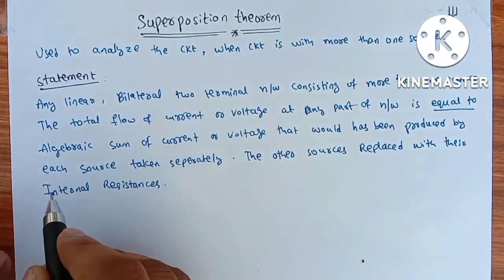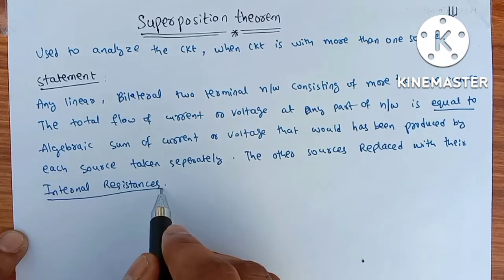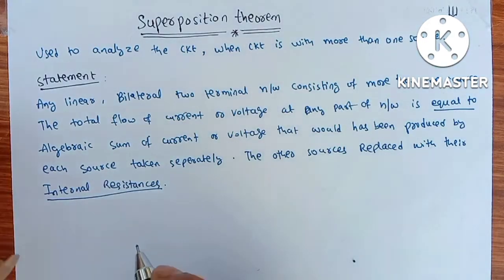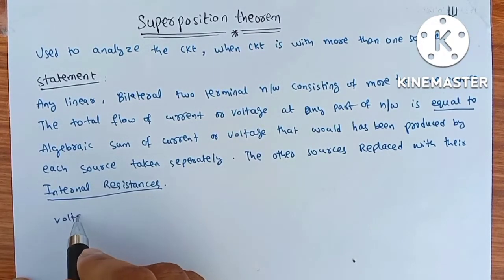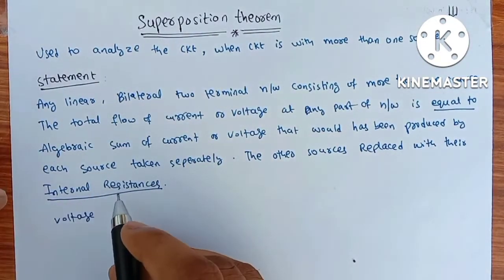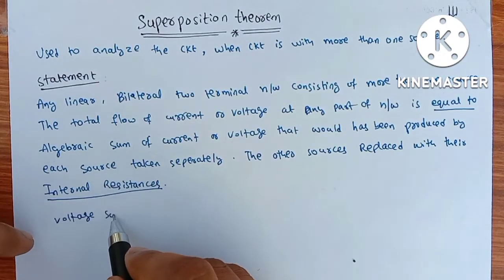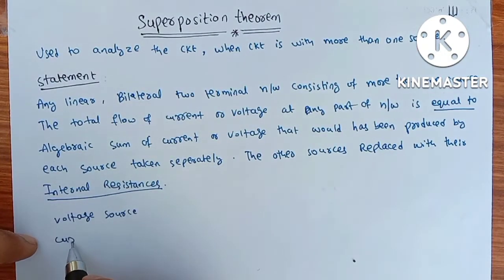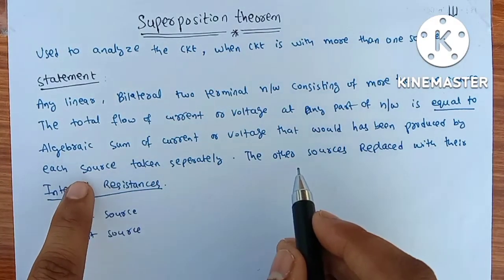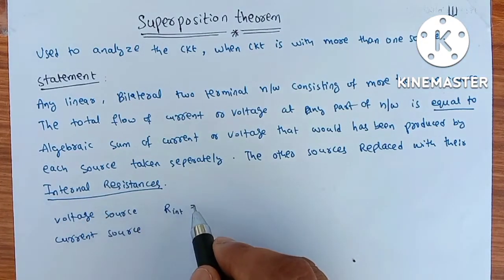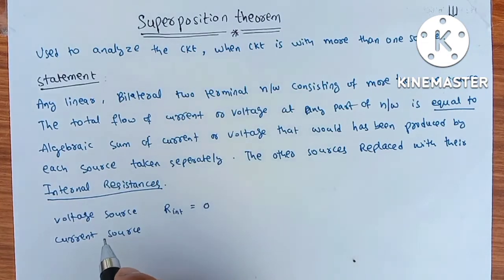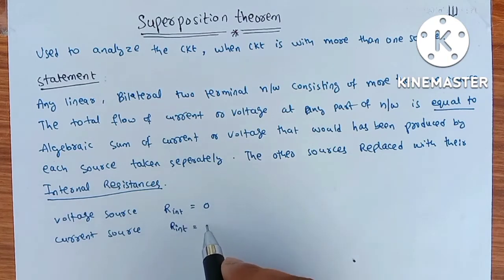You may get confused: what is the internal resistance of those other sources? We have two types of sources, voltage sources and current sources. The internal resistance of a voltage source is 0, and that of a current source is infinity.